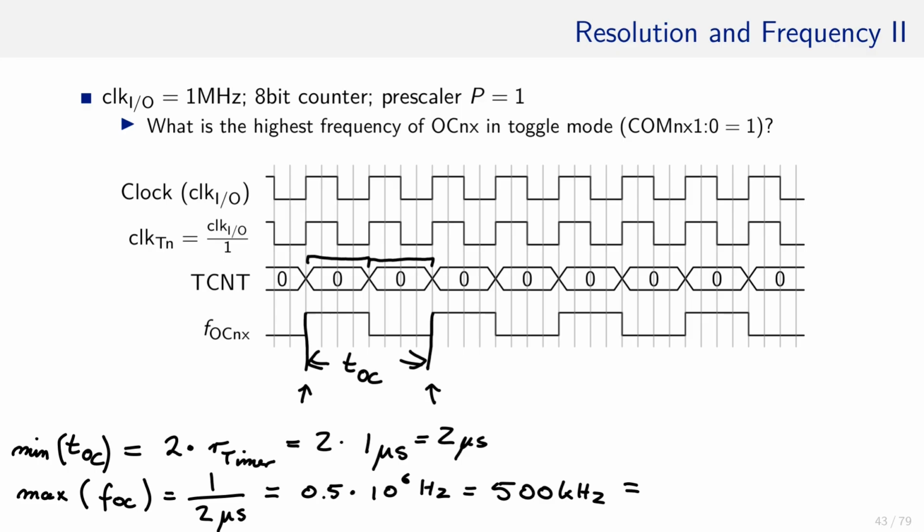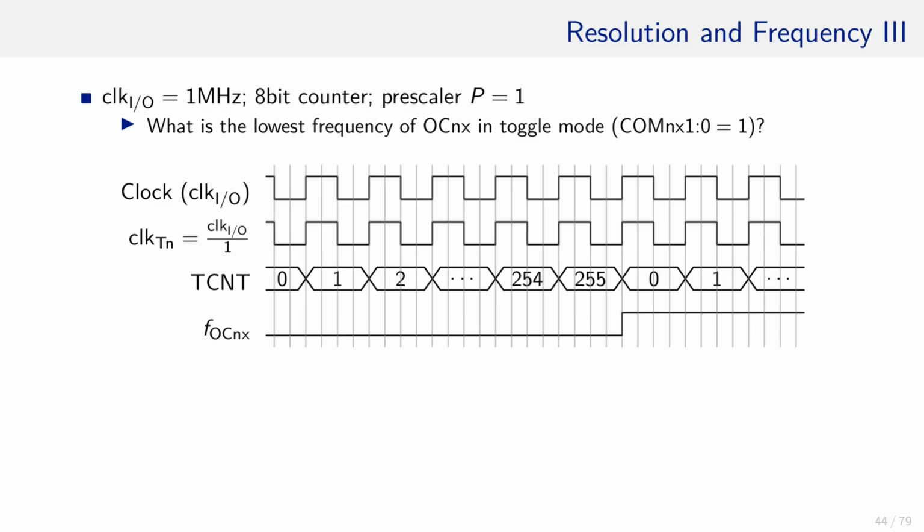That is half of clock I/O. Since there is no prescaler lower than 1 except turning off the counter entirely, the maximum frequency of the pin is always half of the system clock.